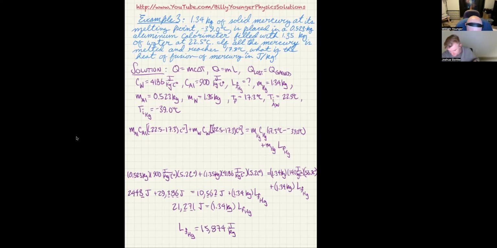Now I had 2 sig figs divided by 3 sig figs, so that only gives me 2 sig figs. So I'm going to have to call this approximately 16 kilojoules per kilogram, roughly. So anybody have any questions on that one?